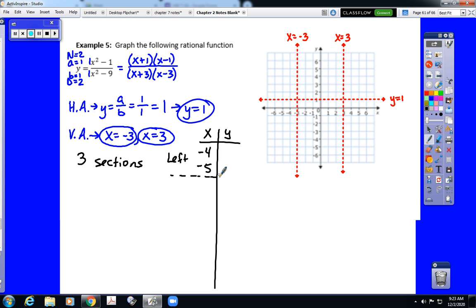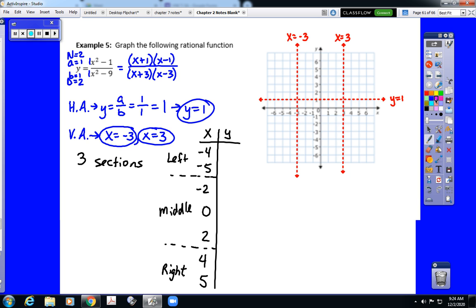We need 3 points from the middle section. We have 5 options, so let's go with -2, 0, and +2. And then for the right section, let's go with 4 and 5. It is technically possible that we might need to add additional points.